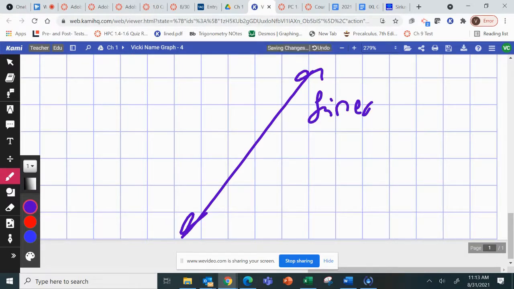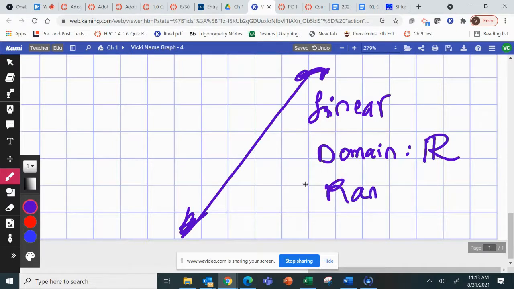Domain, remember, is the x's, the left to right. And in this picture, all lines go all the way left and right. So the domain is all real numbers. And then the range for all lines is how far down to how far up. That's also all real numbers.